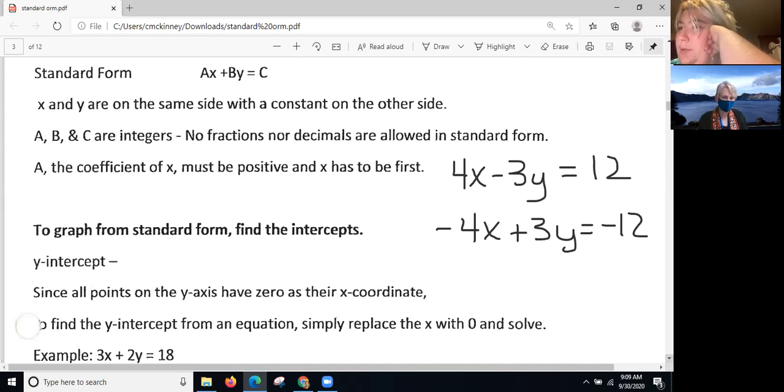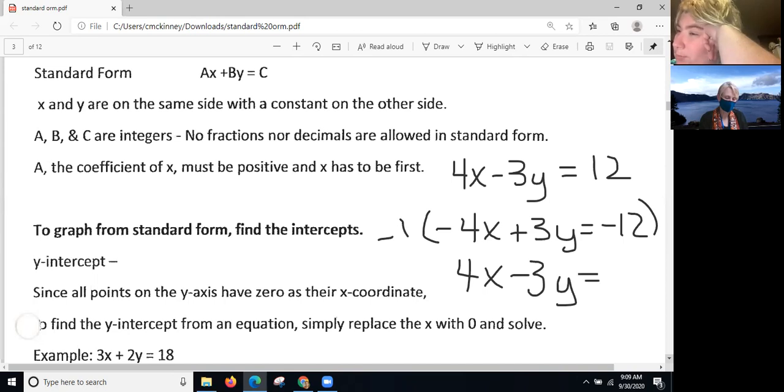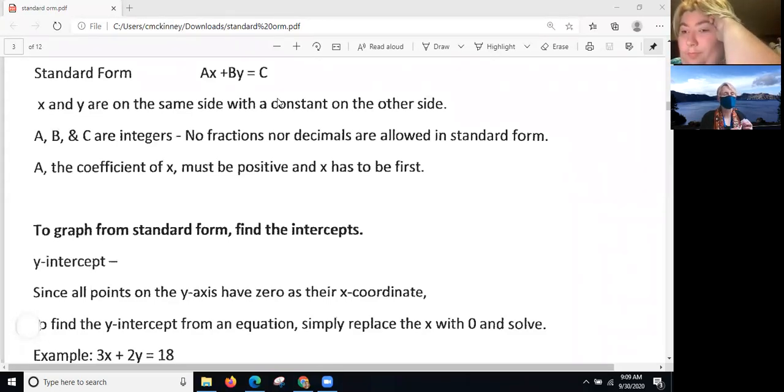To make it standard form, kind of like solving an equation, I would have to take this whole thing times -1, and everybody's signs would switch so that the x would be positive. Those two equations are the same line, but the one with the negative 4 would not be considered standard form.